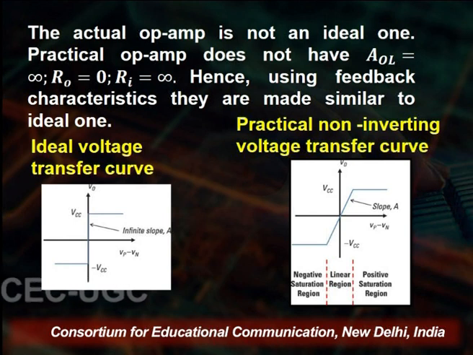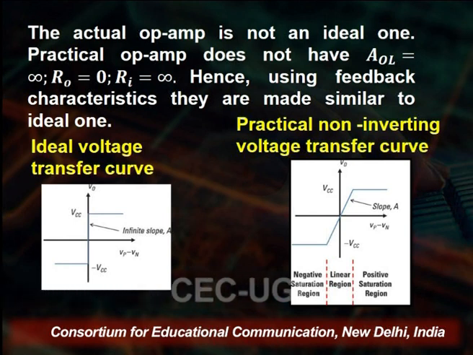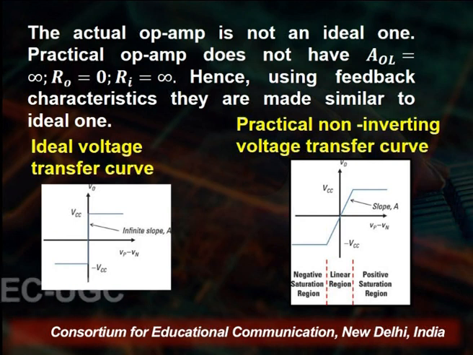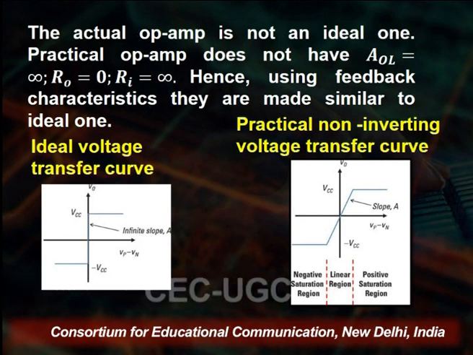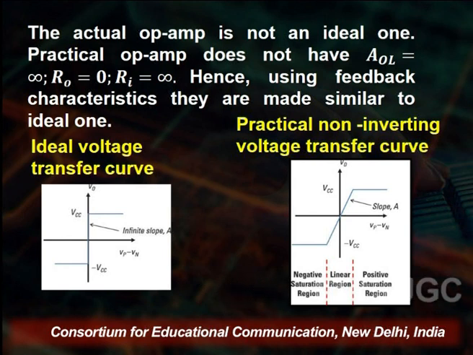The change from 0 to a certain high value at the output of the op-amp is at around 45 degrees, whereas it was instantaneous in the case of an ideal op-amp. Likewise, we see the changes in the first and third quadrants for non-inverting voltage transfer from input to output, but the change is not instantaneous.